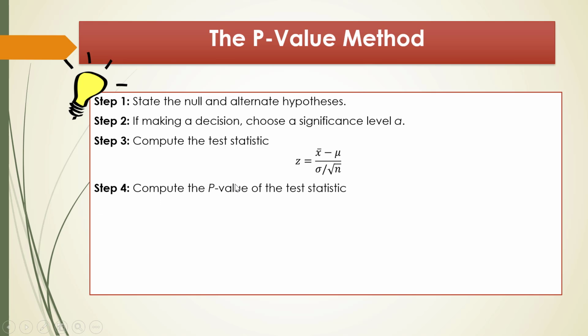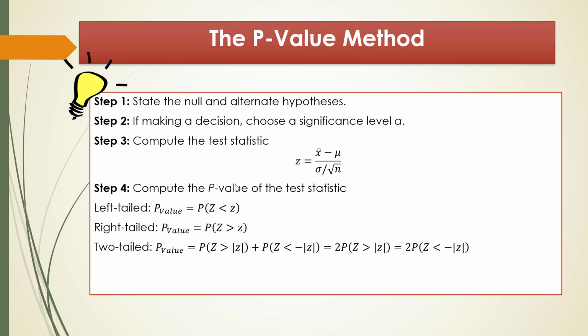Then for the p-value method, step 4, we compute the p-value of the test statistic. Depending on what test we are dealing with, if we have a left tail, the p-value is the area to the left of the test statistic. For the right tail, the p-value is the area to the right of the test statistic under the standard normal curve. And for two-tail, the p-value is the area to the left of the negative absolute value of z and the area to the right of the absolute value of z.